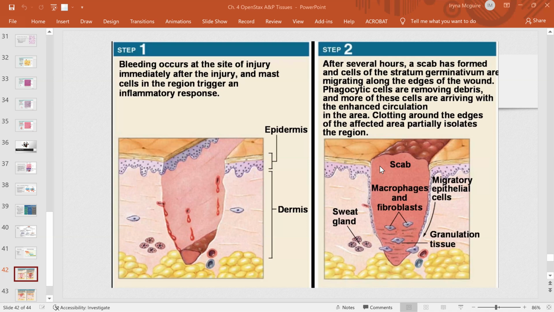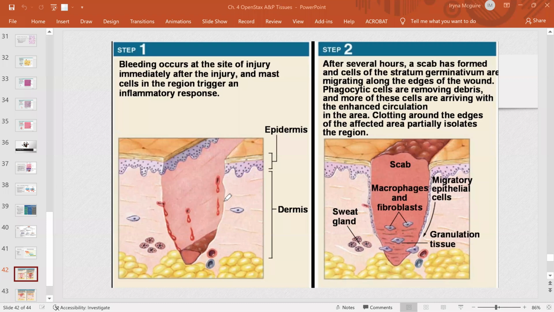On the surface of this cut, you have your injury, and you damage your cells, obviously. Now, those cells that are damaged, plus cells that we call mast cells, when there is a sign of injury, they start secreting inflammatory chemicals.